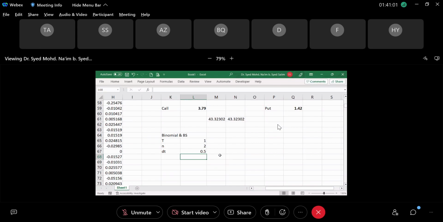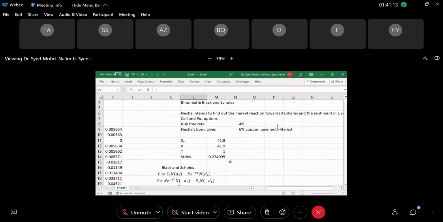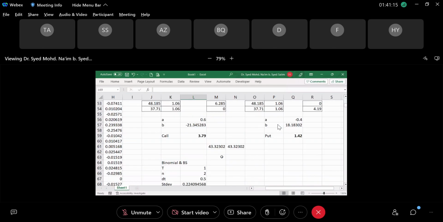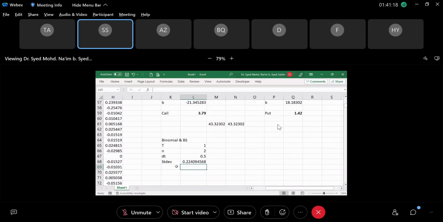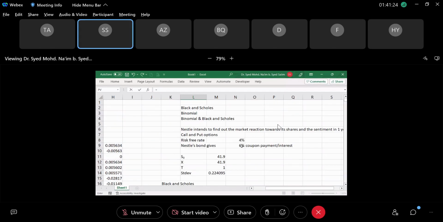Okay, let's just copy the standard deviation. The risk-free rate is equal to 4%.